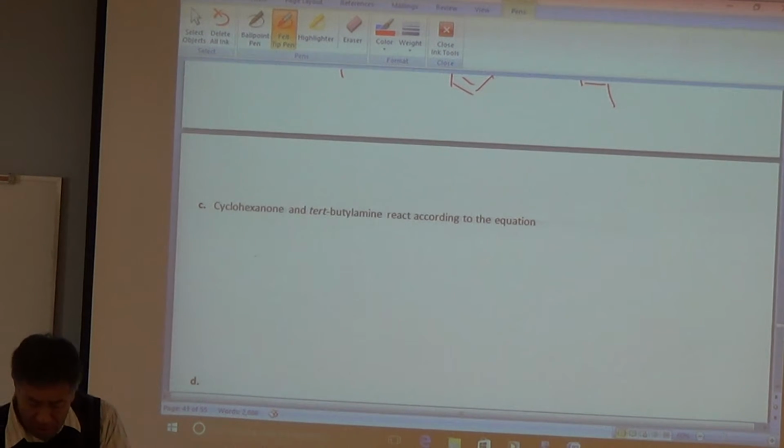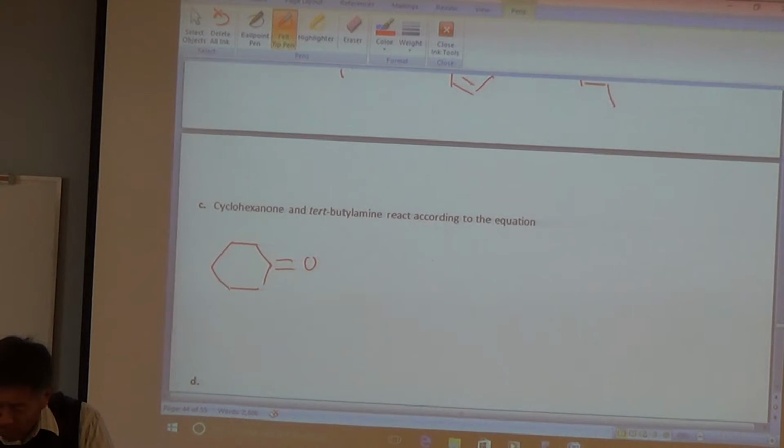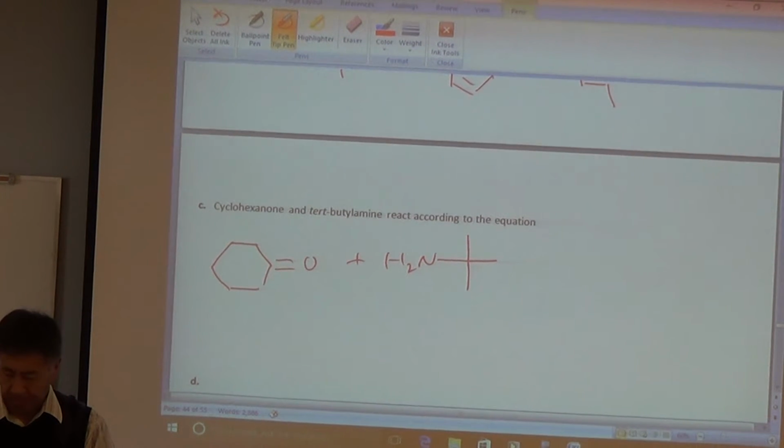Next example, you have this cyclohexanone, and I have the tert-butylamine, plus H2N. And this is our tert-butylamine.